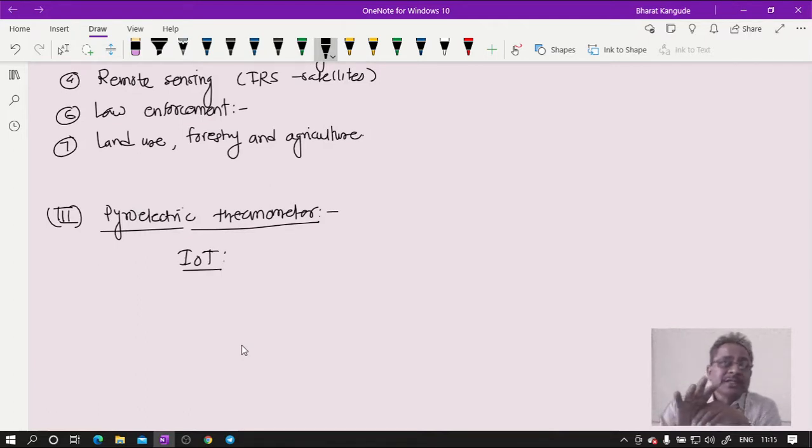We are more interested in the physics behind this, the principles used there, the different types of materials used, their characteristic properties, etc. That will be a part of another subject. We won't go into details of that.